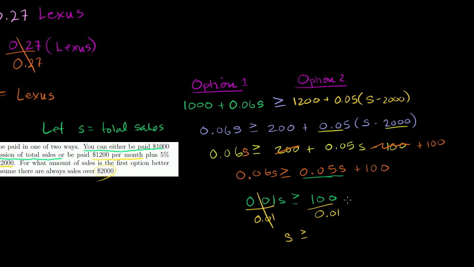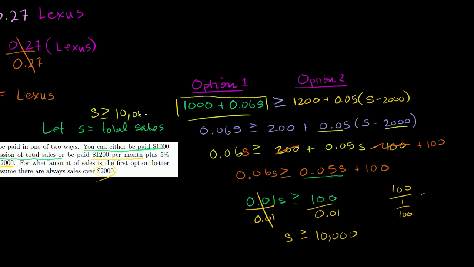That's the same thing as 100 divided by 1 over 100, which is 100 times 100, or 10,000. So option 1 is definitely better for you if your total sales for the month, s, is greater than or equal to $10,000. If it's less than that, you're better with option 2.